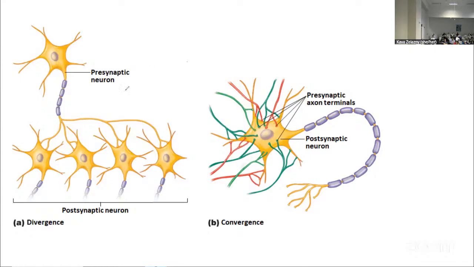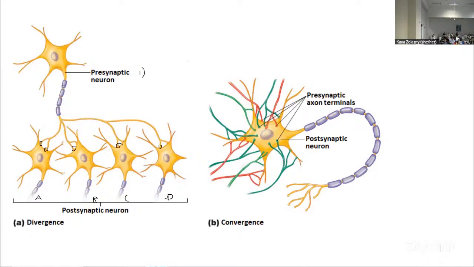So we do see situations where we have a single presynaptic neuron, and then many different postsynaptic neurons that we're communicating with. So we can see axon terminals on this neuron. Let's give them letters A, B, C, D. So we've got these 4 different postsynaptic neurons here.